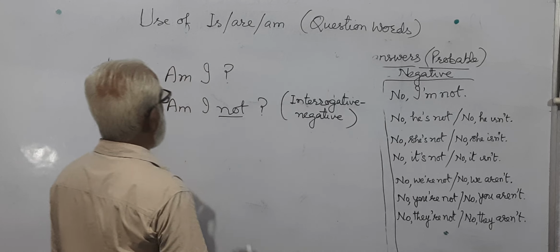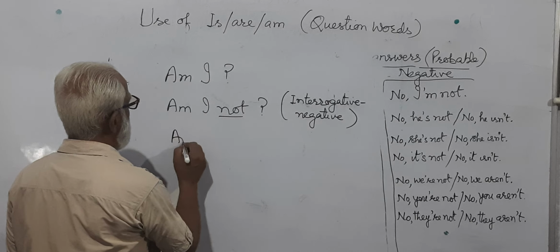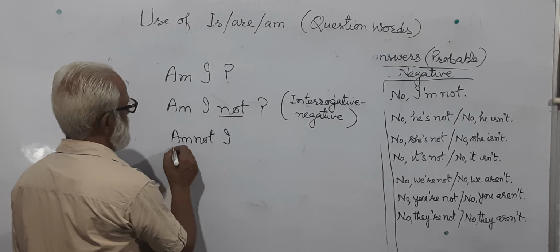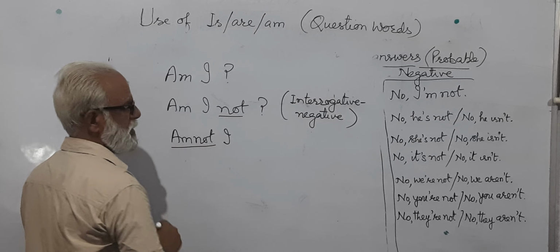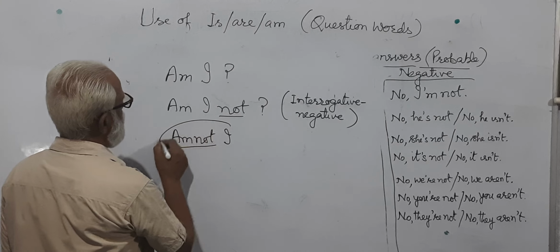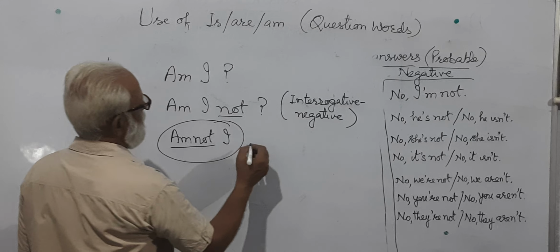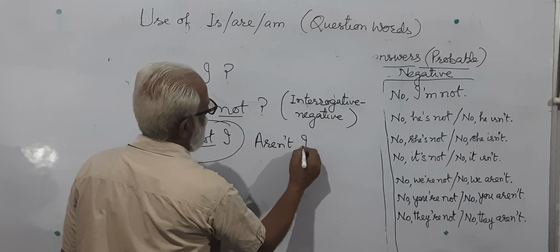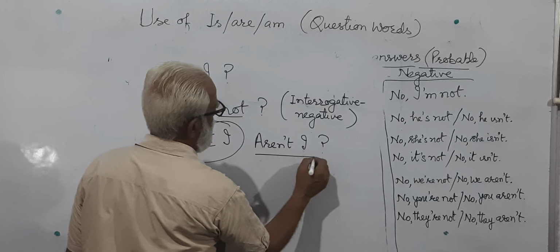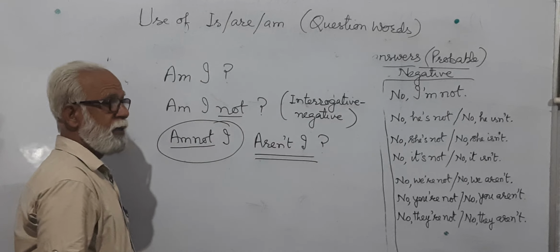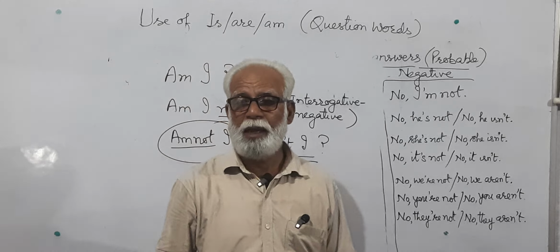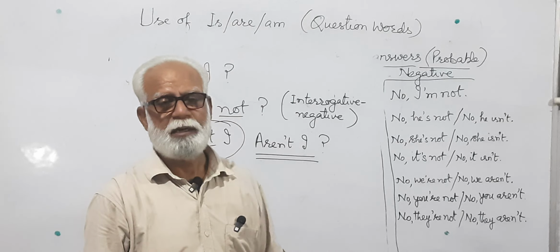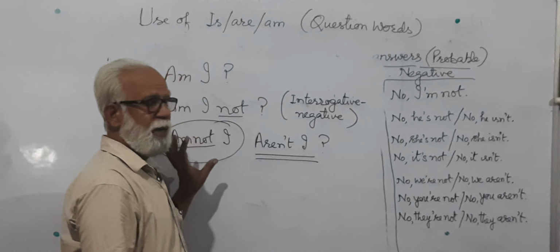Am I not? If you say am not I, this is generally not used. What we do here, we say aren't I. Aren't I? This is the question. Remember this sentence. We never use am not I. This is not approved in English grammar.